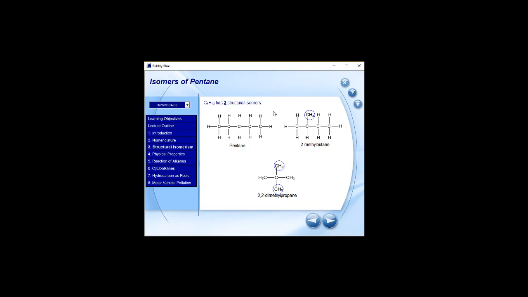You might be able to guess that as the number of carbons increases for the alkane, the number of structural isomers it can form will also increase.